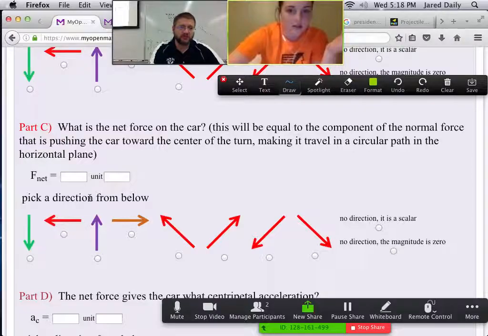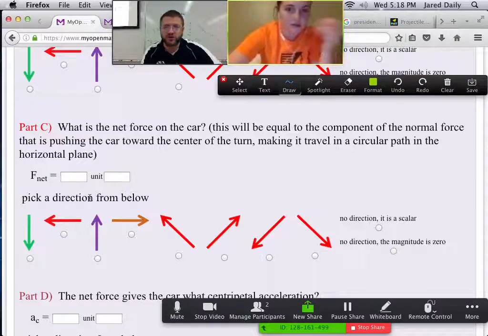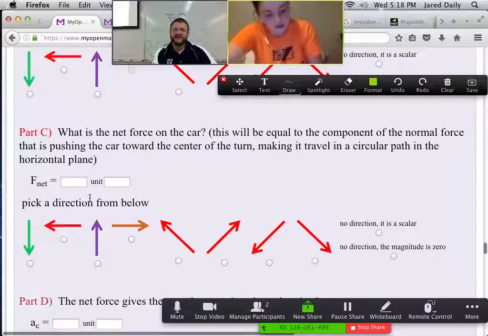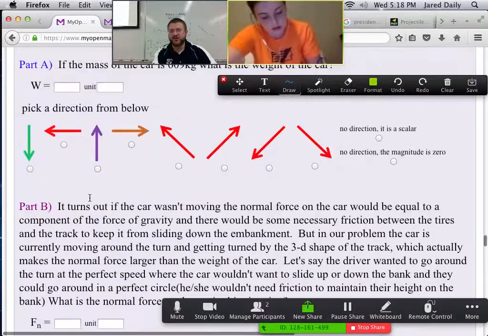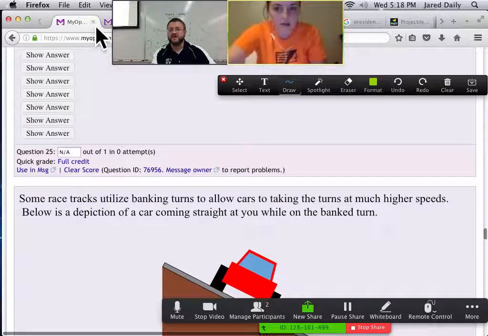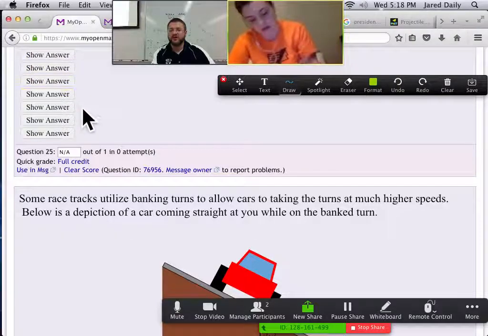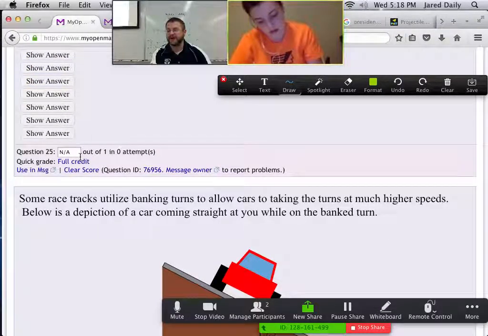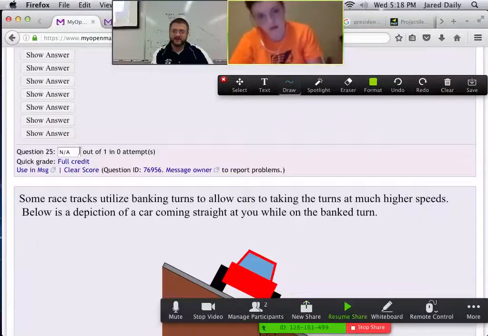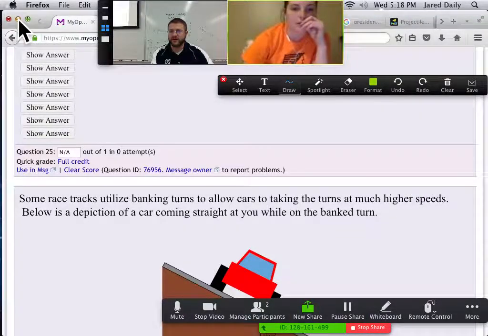This will be equal to the component of the normal force that is pushing the car towards the center of the turn, right? So that would be normal X. So that's your normal X force. So you got to go back and take the normal that you just calculated and multiply it by the sine of theta instead of the cosine of theta. So that's this one right here.